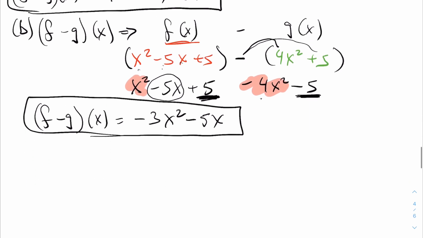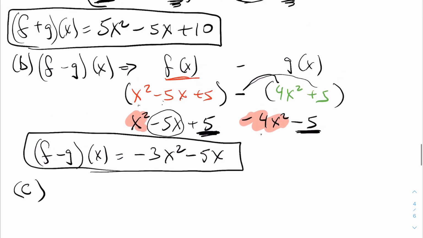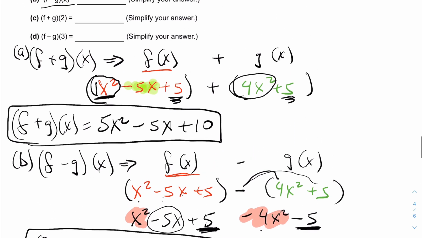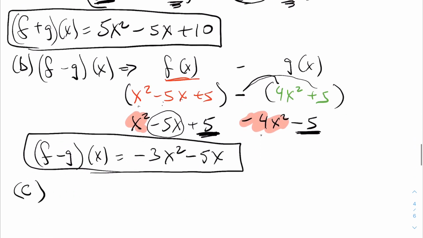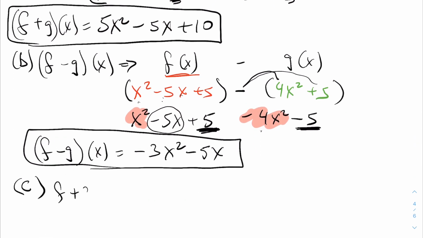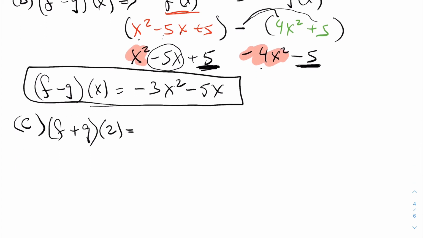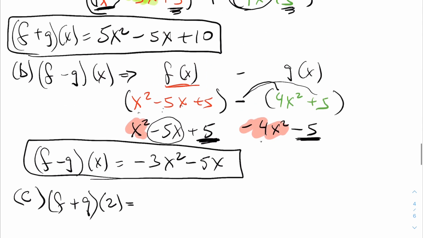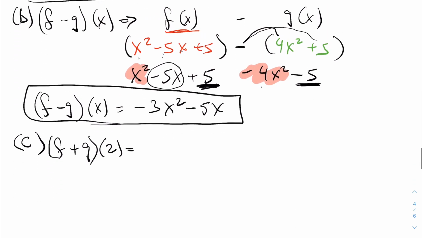Now let's move on to part C. Remember, part C is where we're starting to use an input. Part C says f plus g at 2. And once again, just for how your brain might be thinking about this, if we tackle this problem the same way we tackled the previous problems, A and B, you would say f at 2 plus g at 2, and you certainly could do that.